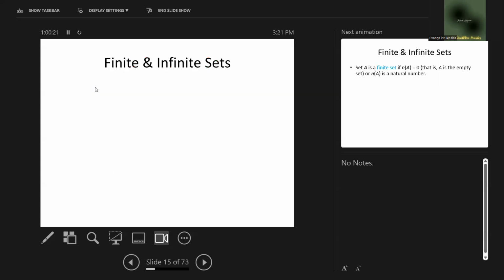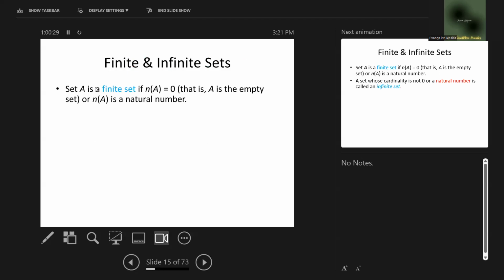All right. Now we have finite and infinite sets. A set A is a finite set if the cardinal number is either 0 or a natural number. All the examples that we looked at are finite sets. It's either 0, like a null set, or it has some natural number, like 4, 1, 3.